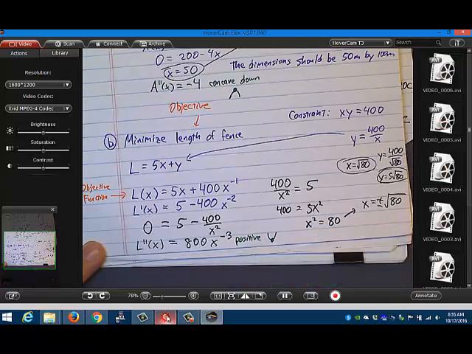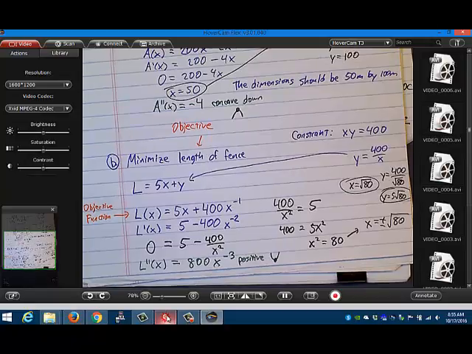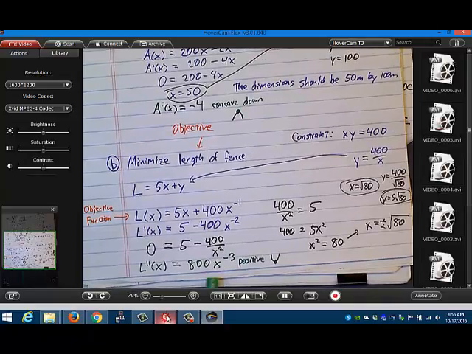That shows that you really did find a minimum for part B. The reason I know it's positive is because I'm plugging in x as a positive number. So that second derivative test could come in handy, so you could tell, do I really have a minimum? Do I really have a maximum? So I think that's good to see.